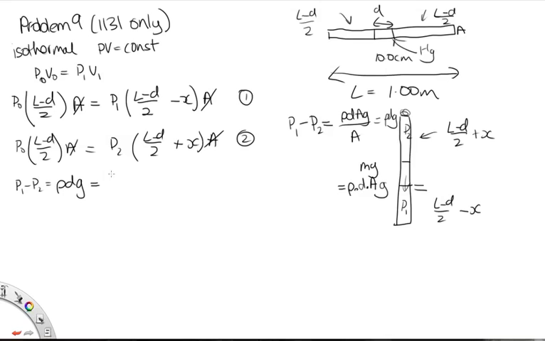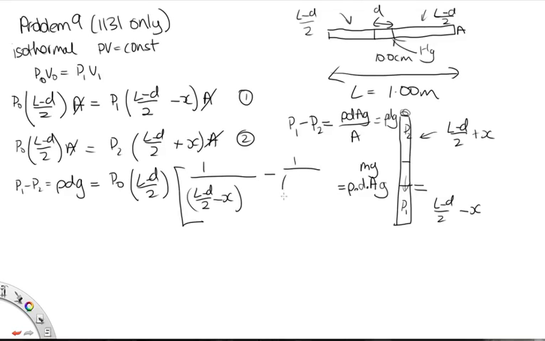So this is P0 times L minus d over 2, times 1 over L minus d over 2 minus x, minus 1 over L minus d over 2 plus x, and we've got to solve this.